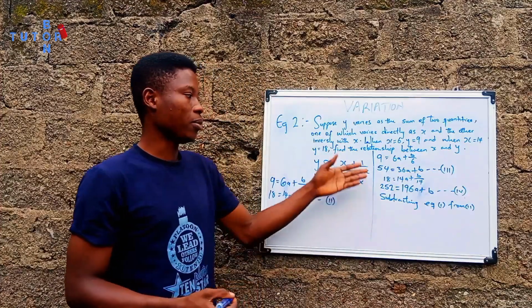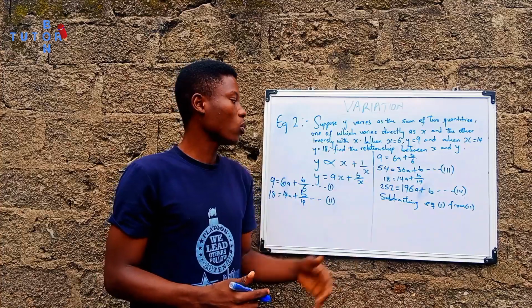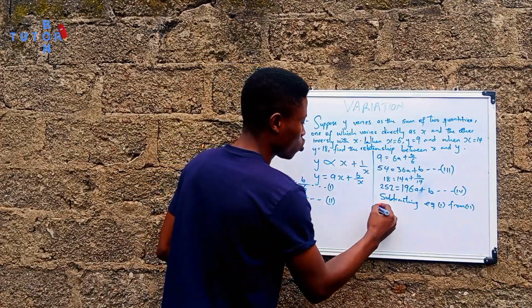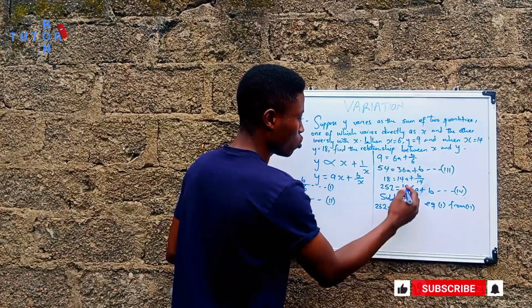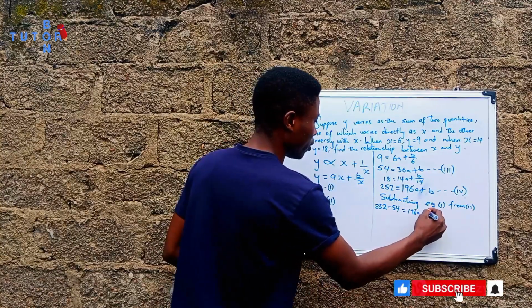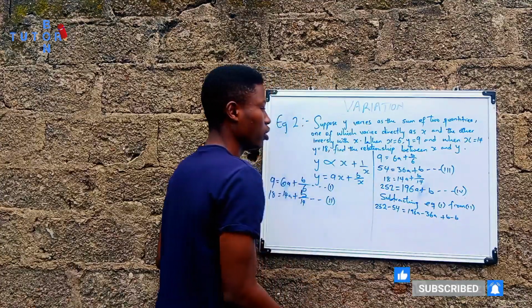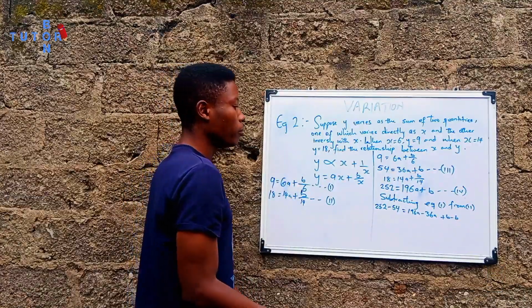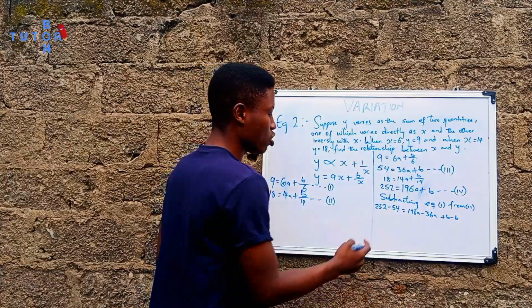I told you this is a simultaneous equation, solving two equations at the same time. So I'll be subtracting equation 1 from 2, and I'll be having 252 minus 54 equals 196a minus 36a plus b minus b. So if I'm subtracting b minus b, that means I'm eliminating b because it will give me 0.